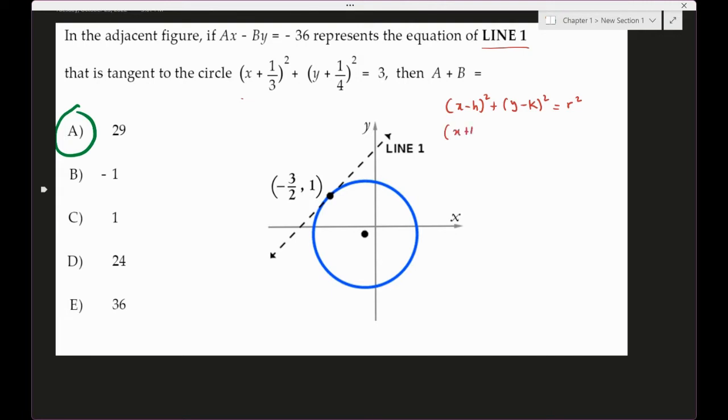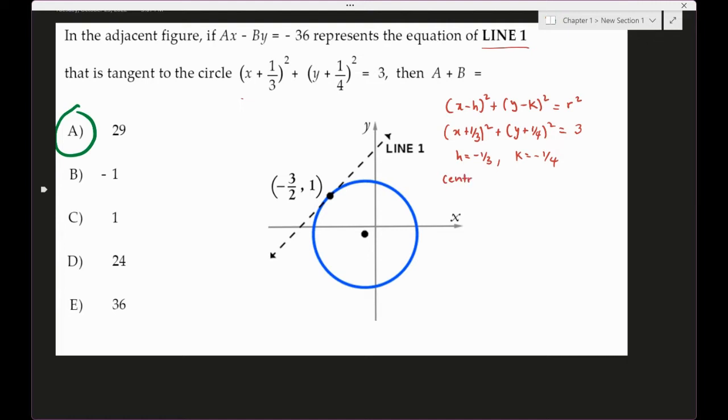If we compare with what we have, we can see that h is simply minus 1 over 3, and k is minus 1 over 4.